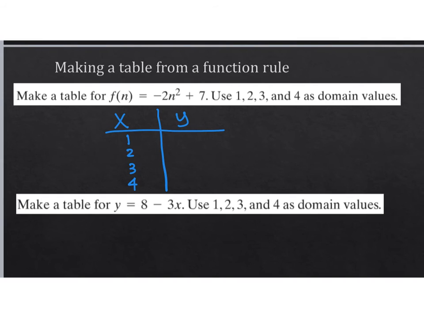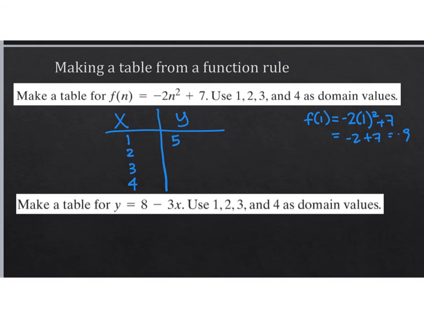So now what I'm going to do is find f of 1, which really means I have negative 2 times 1 squared plus 7. So 1 squared is 1 times a negative 2, so I have negative 2 plus 7, or negative 9. Oops, sorry, that's a positive 5.